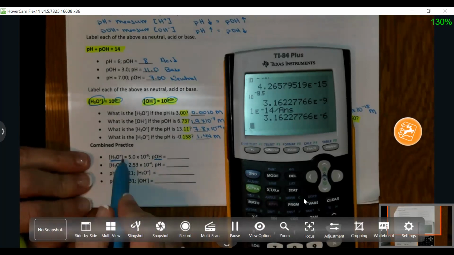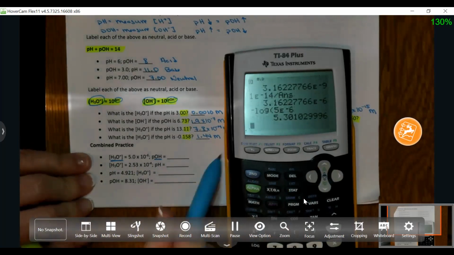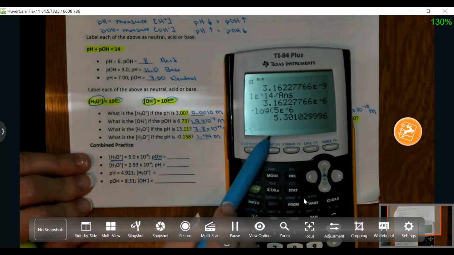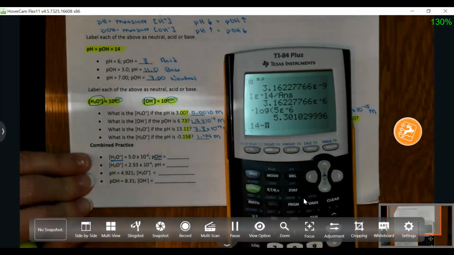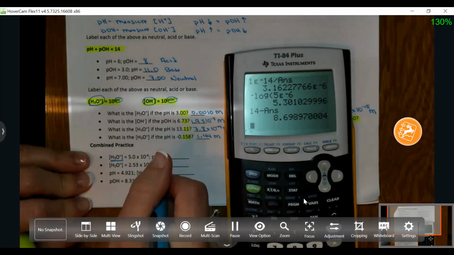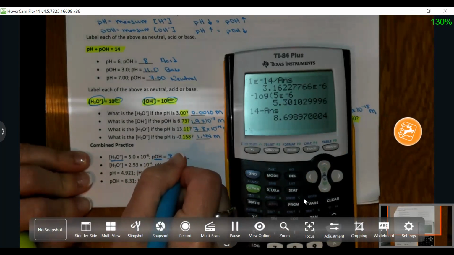So if I have ion concentration, I can do a negative log of that 5 times 10 to the negative 6. Now this is not my answer because since this is hydronium, this is going to give me my pH. And then if I do 14 minus that answer, then I would get my pOH. And I want 2 sig figs, so behind the decimal point. So my answer would be 8.70.